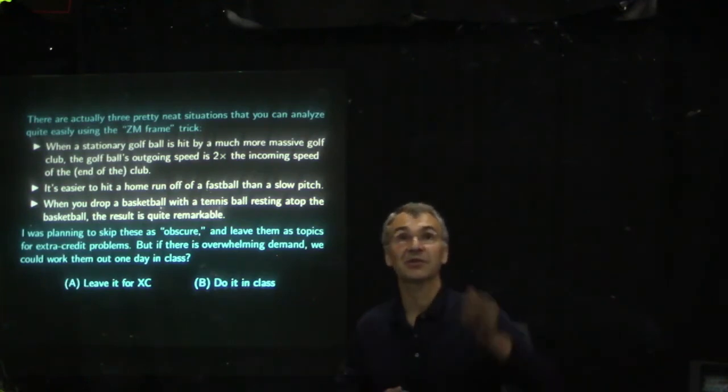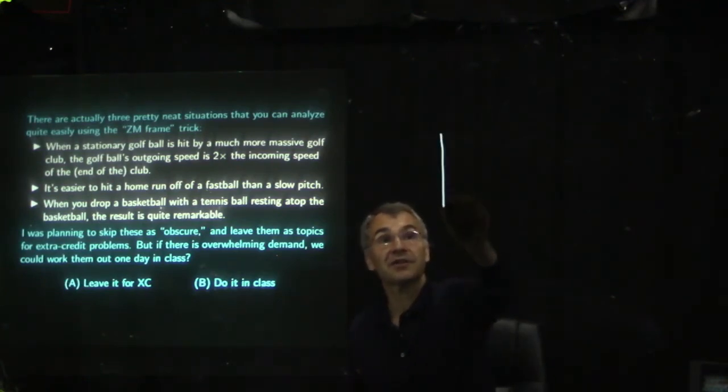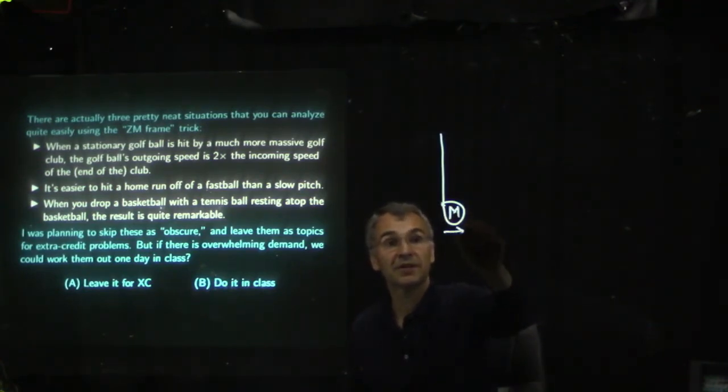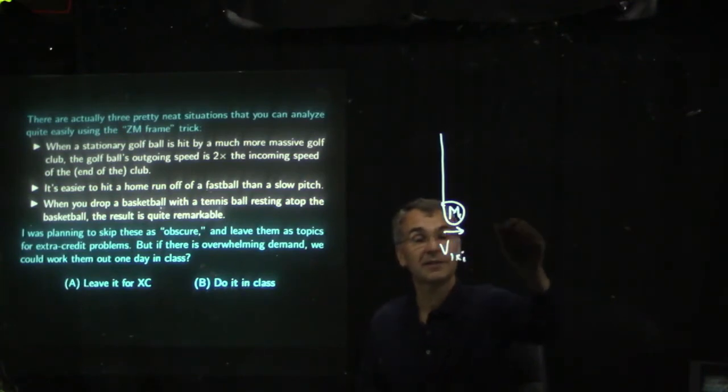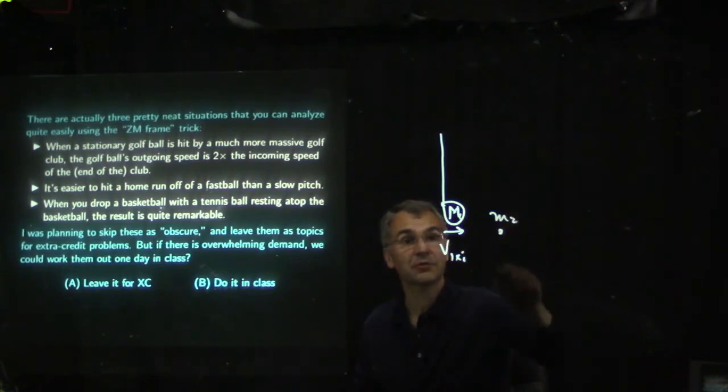Okay, so here's the golf club, and it has some gigantic mass, m1. And it's moving at some speed, v1x initial. And then here's the golf ball, and it's some tiny mass, m2. And it's initially not moving.